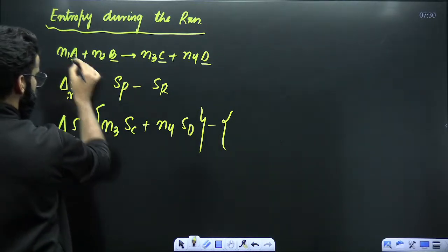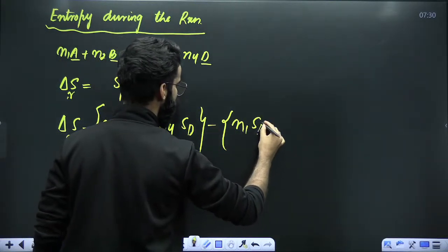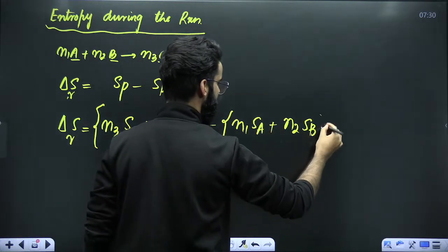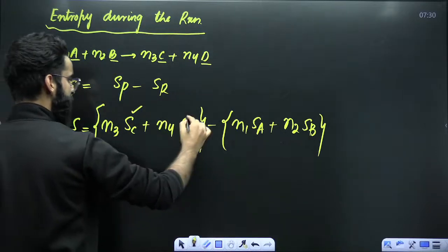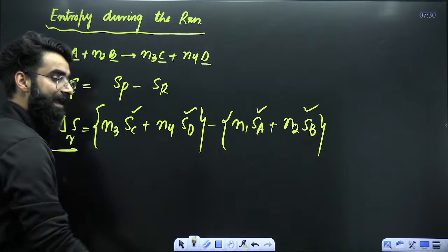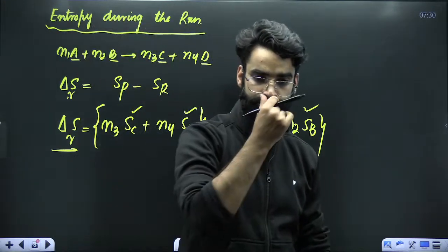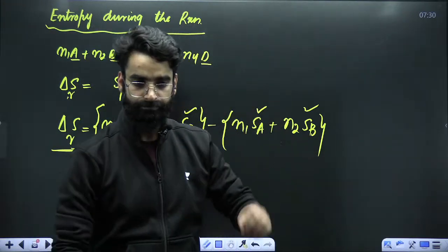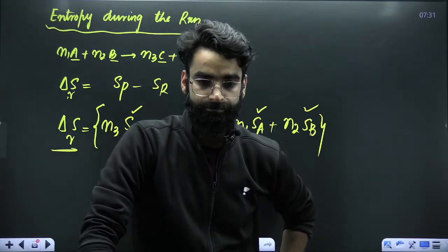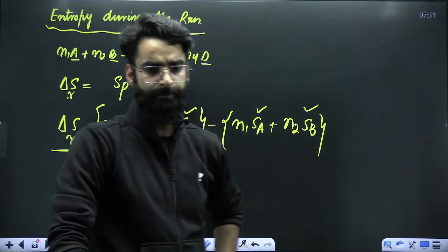Entropy of reactants: the stoichiometric coefficient is n1, so n1 multiplied by entropy of A plus n2 multiplied by entropy of B. In the question, if they give you entropy of C, D, A and B, you can easily calculate the entropy change of the reaction. Perfect?